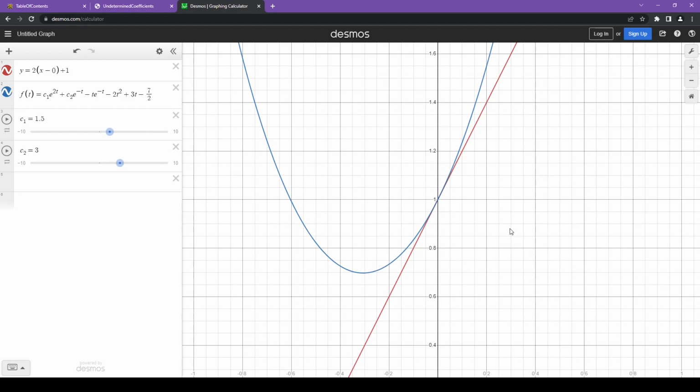Okay, so next up, we are going to be looking at section 3.6, which is variation of parameters, which is how we solve other types of problems. Variation of parameters is a general technique. It will always work, but it is more work than undetermined coefficients if undetermined coefficients will apply to a particular problem.